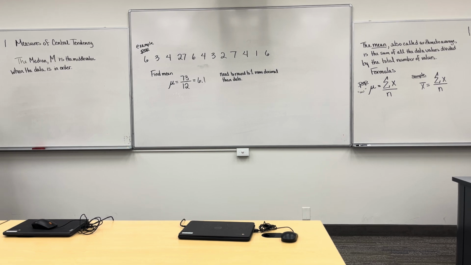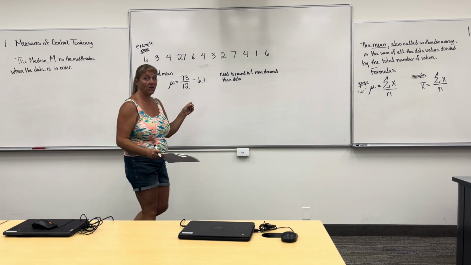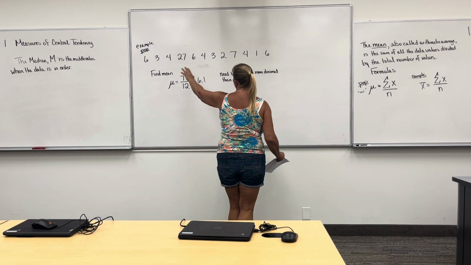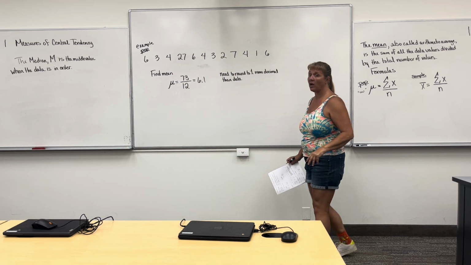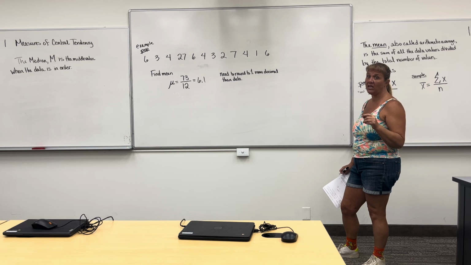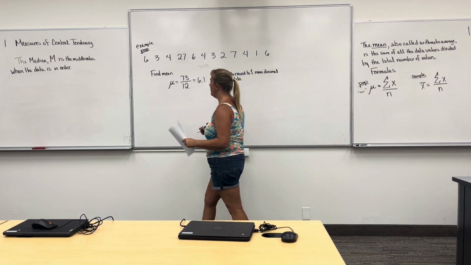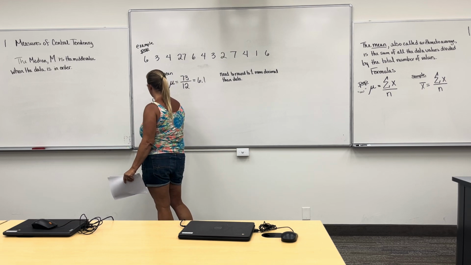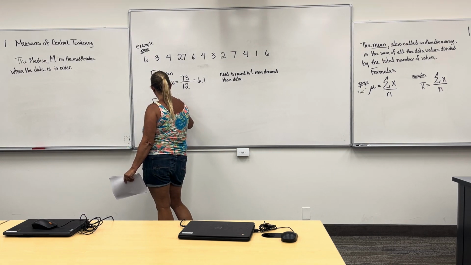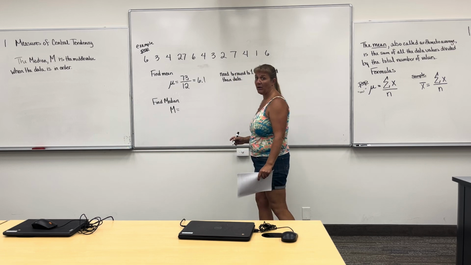No formula for this one, we're just putting our numbers in order and we're finding the middle value. So with that being said, normally your numbers are not going to be in order. So the first thing that you need to do when you're finding the median is make sure everything is in order. So if the next thing here said to find the median, then we would say M is equal to, and we need to get them in order.